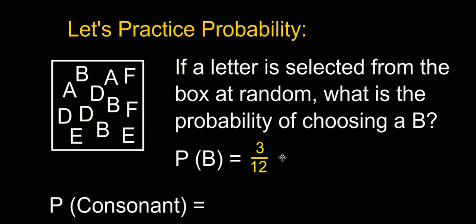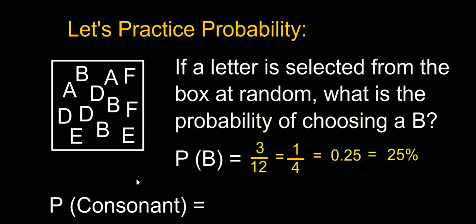When we simplify it, we end up with 1/4, and this can be converted into a decimal, and oftentimes we will give probability as a percentage. So the decimal form of 1/4 is 25 hundredths, and as a percent, 25%.